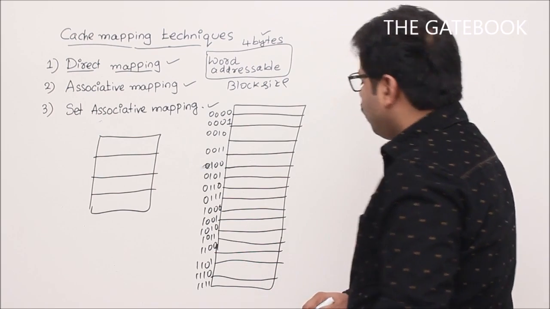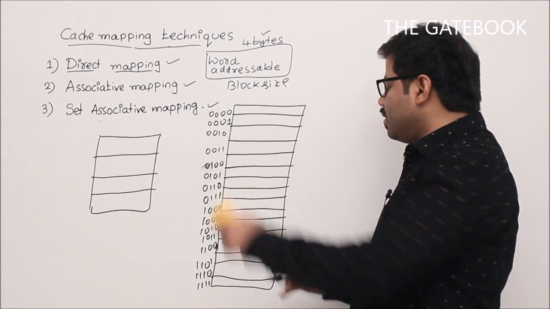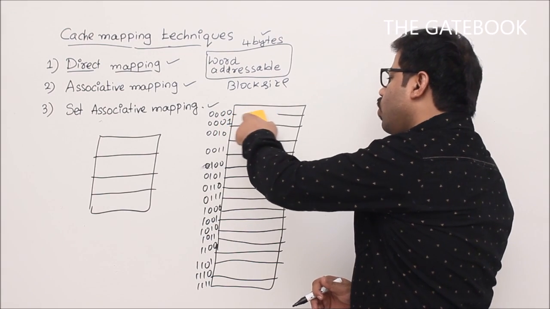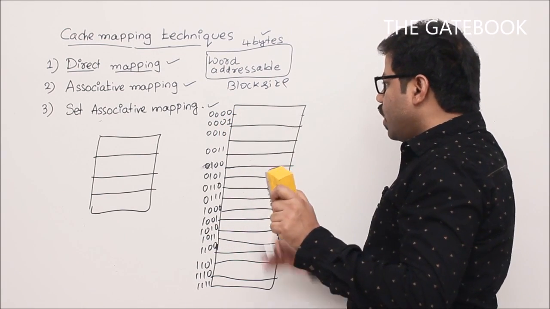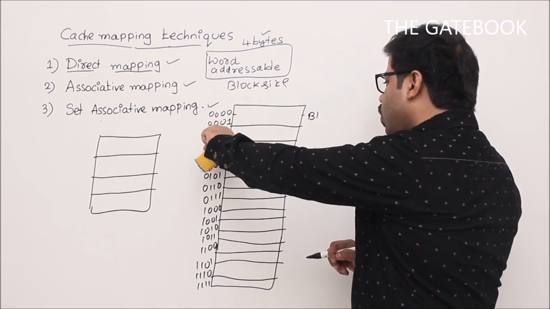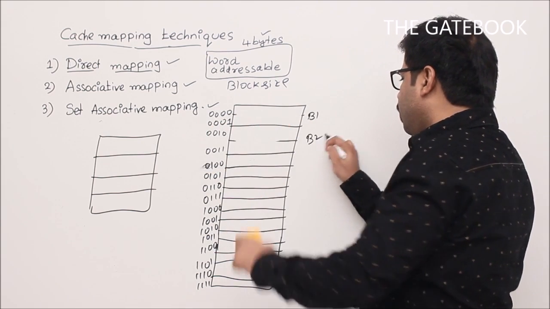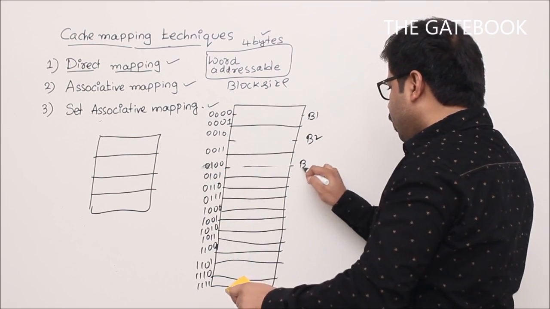Now, what I'm going to do is imagine this data as blocks, because we always transfer the data in blocks. So let us imagine these 16 locations as blocks. This would become block number 1, this would become block number 2, and this block number 3.